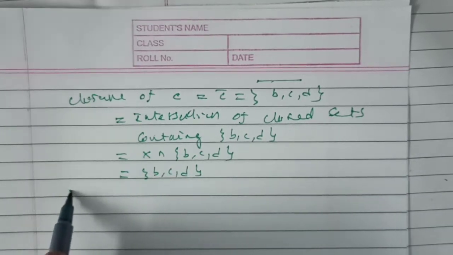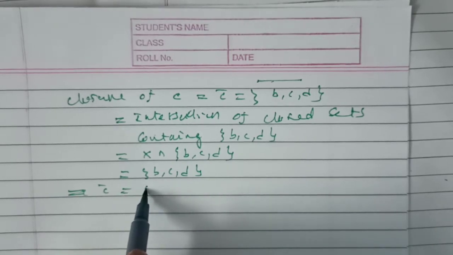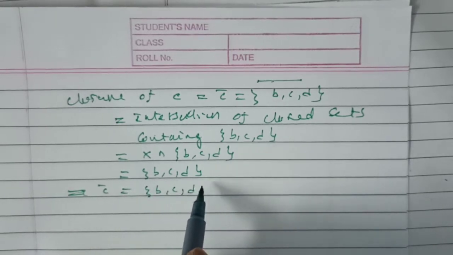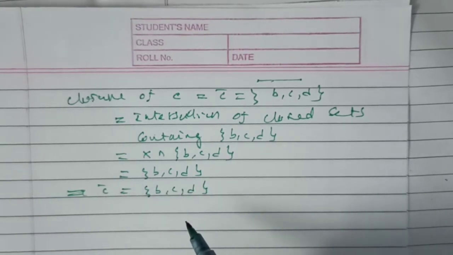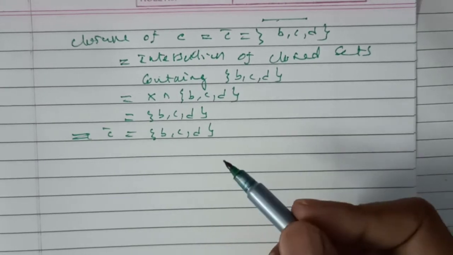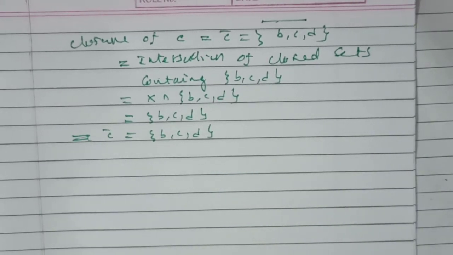So C bar is equal to {b, c, d}. So closure of this set is the same set again, or sometimes different sets.